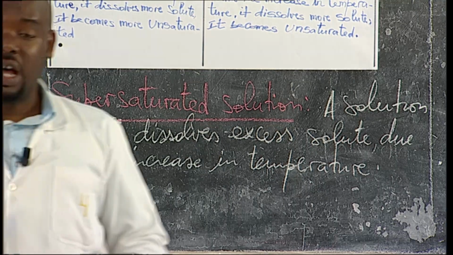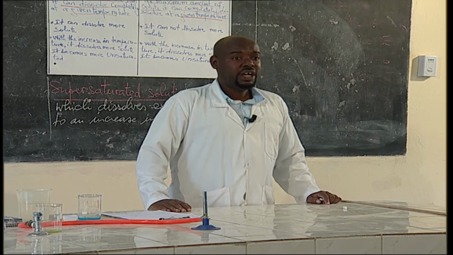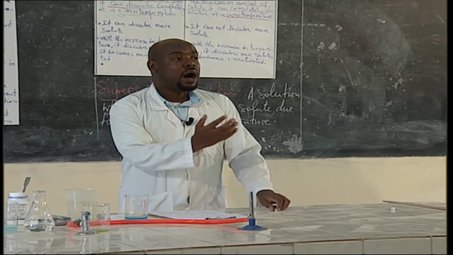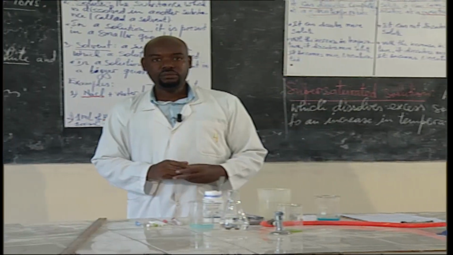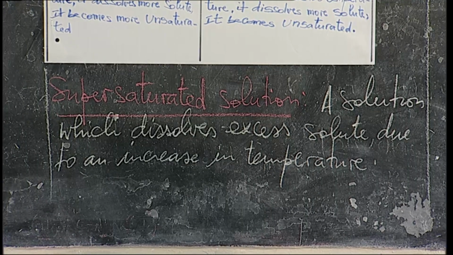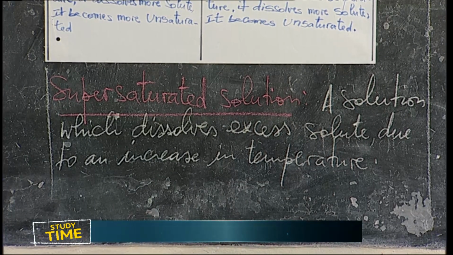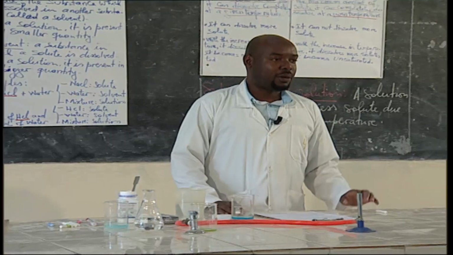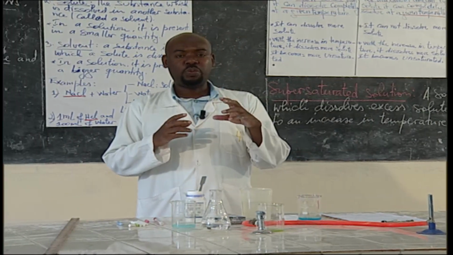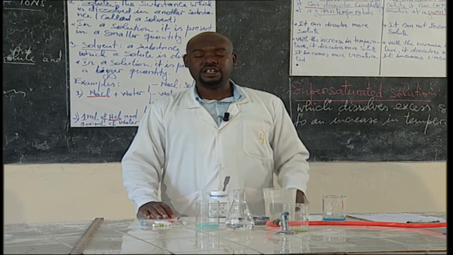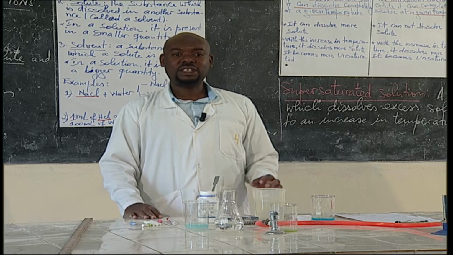Those are the main types of solutions, but there is another way of classifying solutions, depending on the amount of solute a solution contains. Suppose that you have tea in your cup and you add some sugar. And when you taste it, you find it to be more sugary than needed. How can you reduce that sugar?